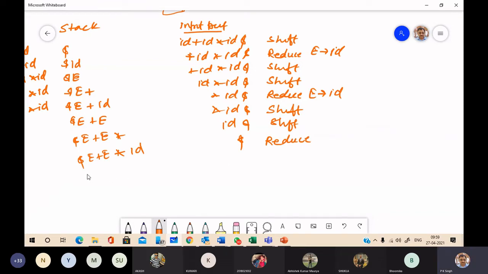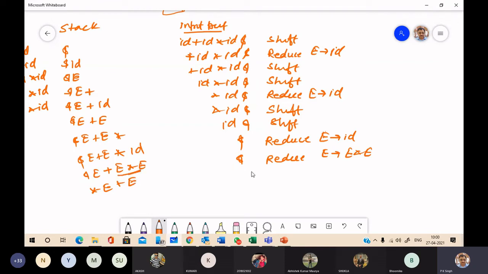It is reduced by E to ID. So you will get E plus E asterisk E and here dollar. Then again reduce by E to E asterisk E. You will get E plus E. This is reduced to E.